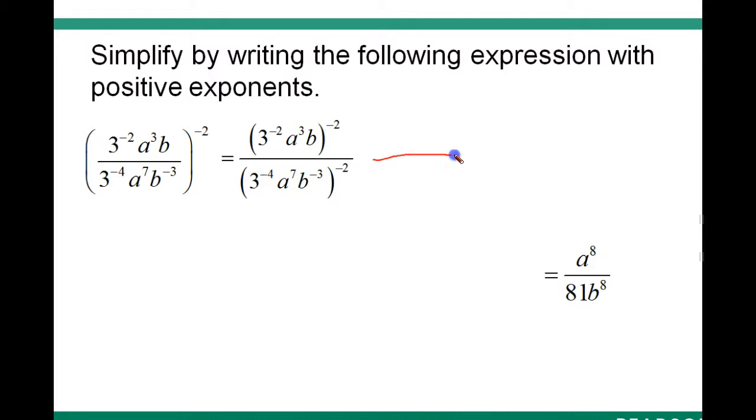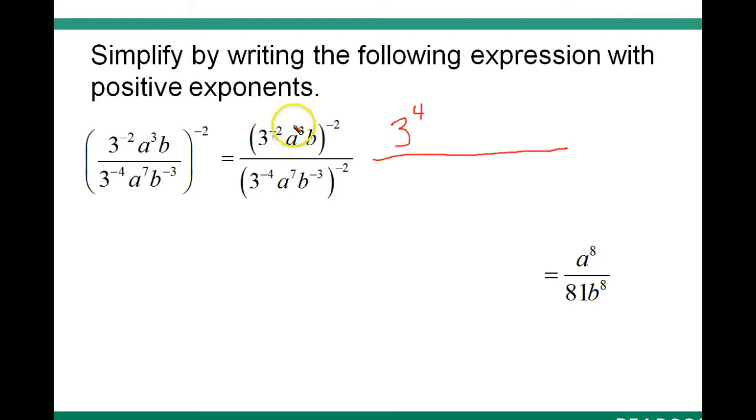So we'll make a division bar here, and we're going to do the top. Now, an interesting note, when it's like this, these negative exponents act just as if they were regular numbers, and the rules of multiplication apply. So this is going to be 3. -2 times -2 is a positive 4.